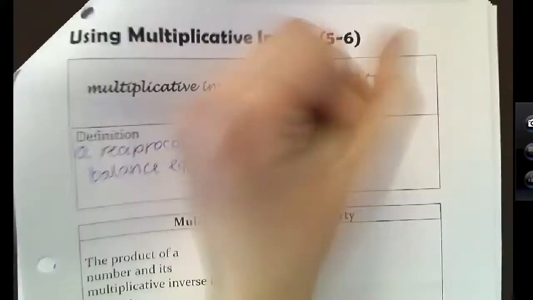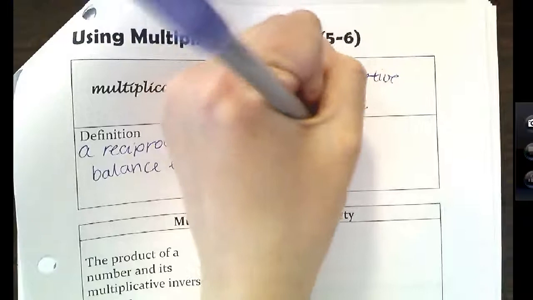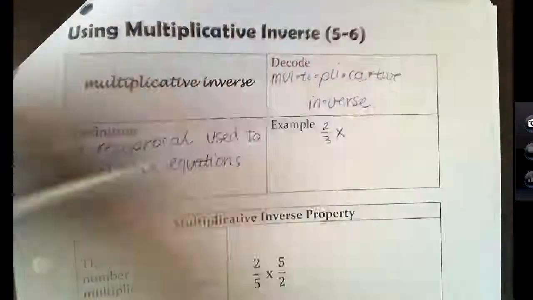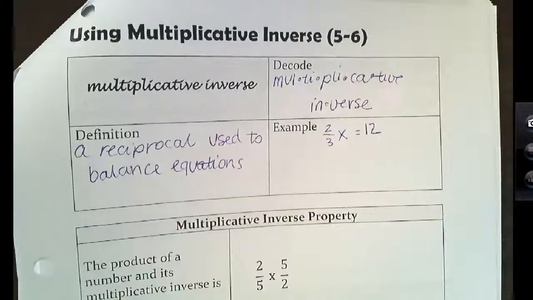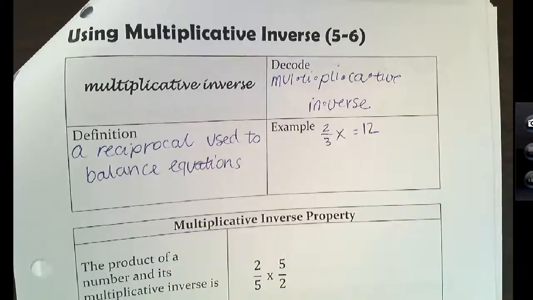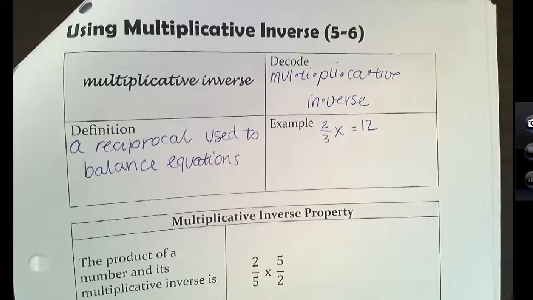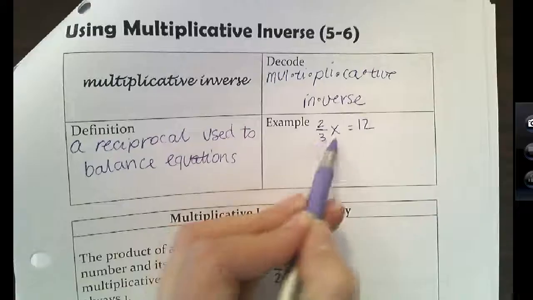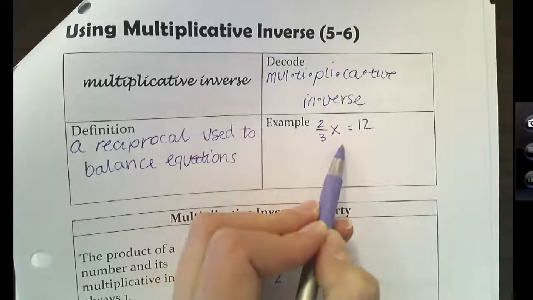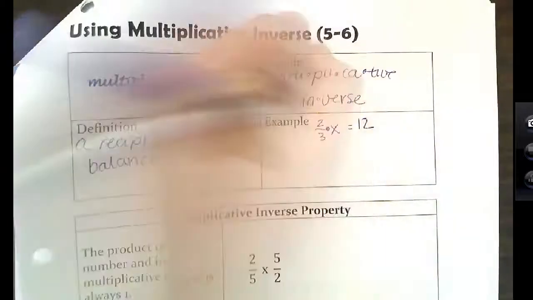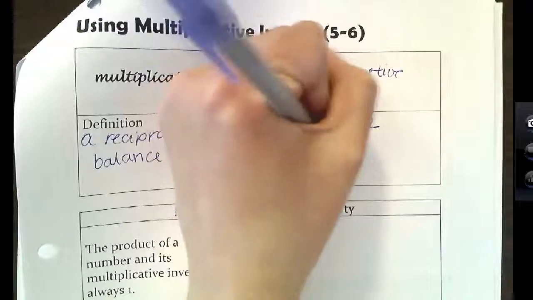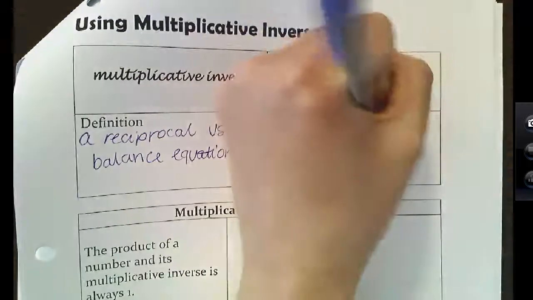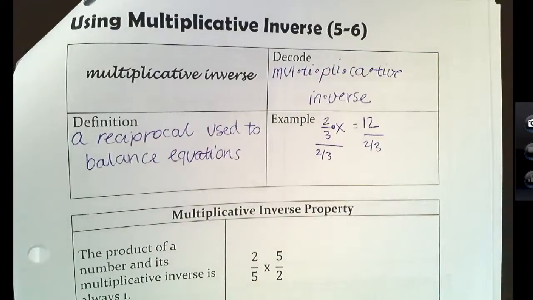Go ahead and write 2/3 times x is equal to 12. What did we just talk about? What math operation is between the 2/3 and the x? Multiplication. So what's the opposite of multiplying by 2/3? Dividing. So we're going to divide both sides by 2/3.